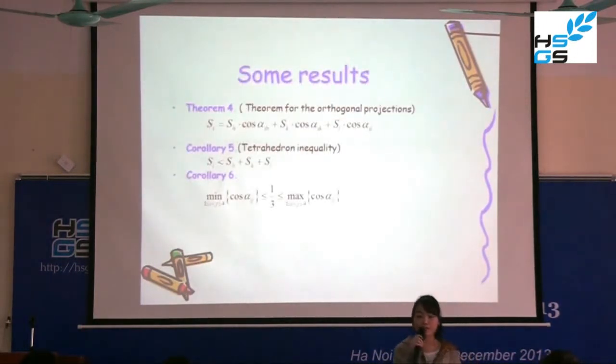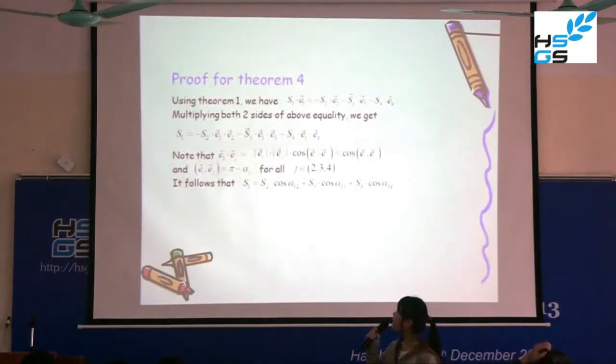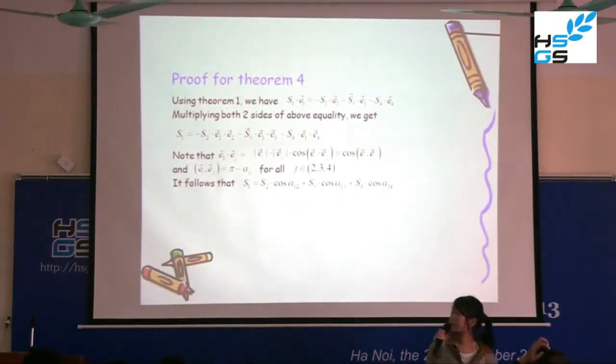And we have some results. Theorem 4 is a theorem for the orthogonal projections. And from theorem 4, we have corollary 5, it's called the tetrahedron inequality, and corollary 6. I'll give you a minute to read the proof for theorem 4.